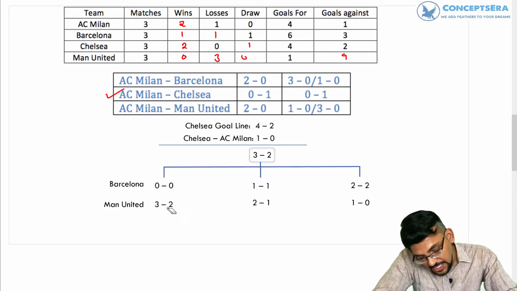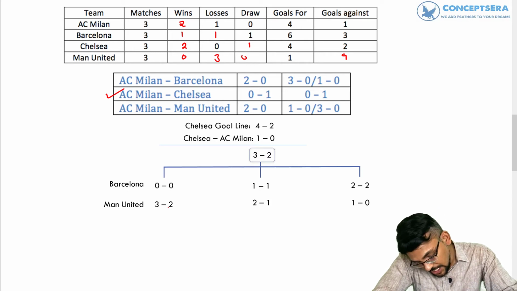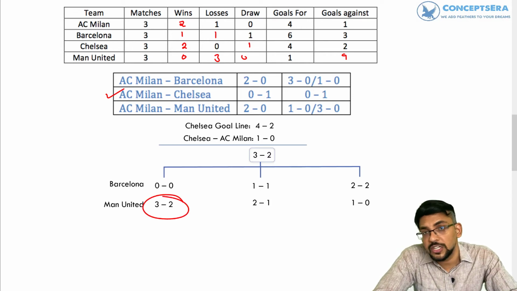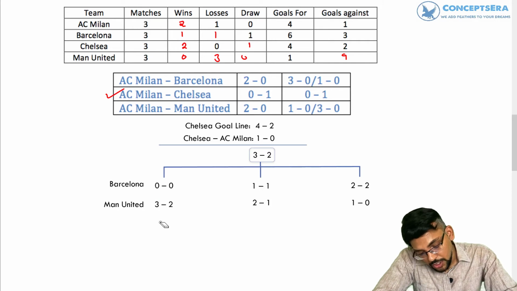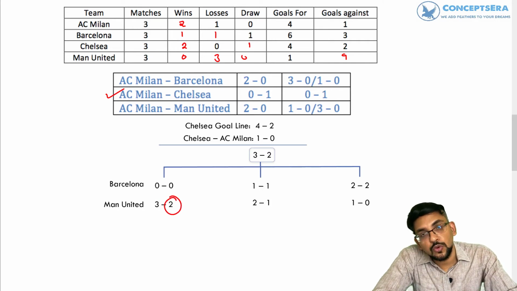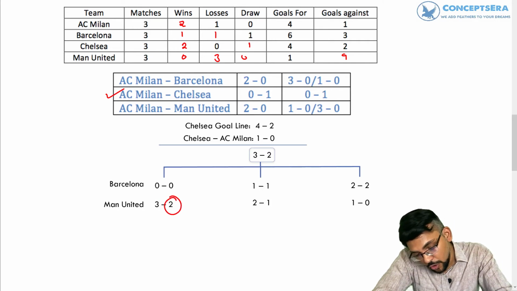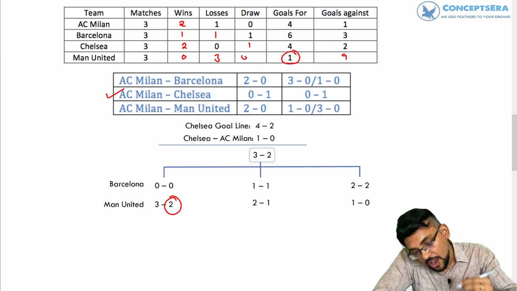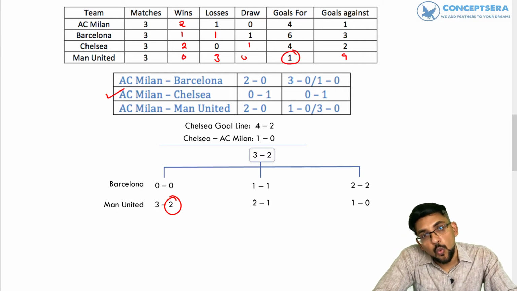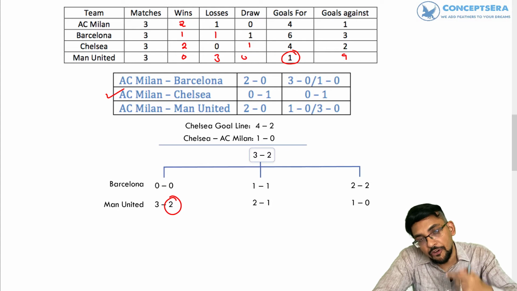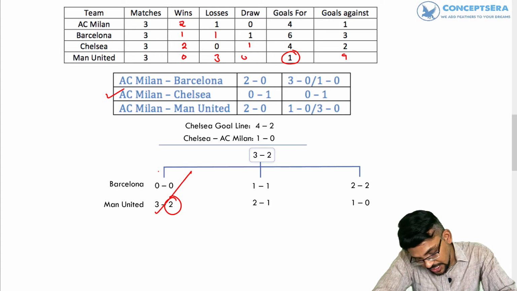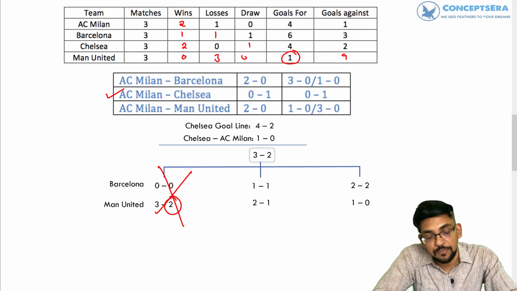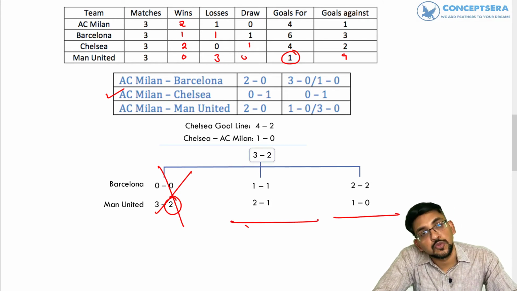But out of these 3 goal lines, this particular goal line, 3-2-1, is not possible because goals for Man U is 2 here. And if we look at the goal line, Man U is giving us 1-9. So goals for cannot be more than 1. So definitely we can say this particular goal line is not possible. So we are left with only 2 goal lines here, either this one or this one.